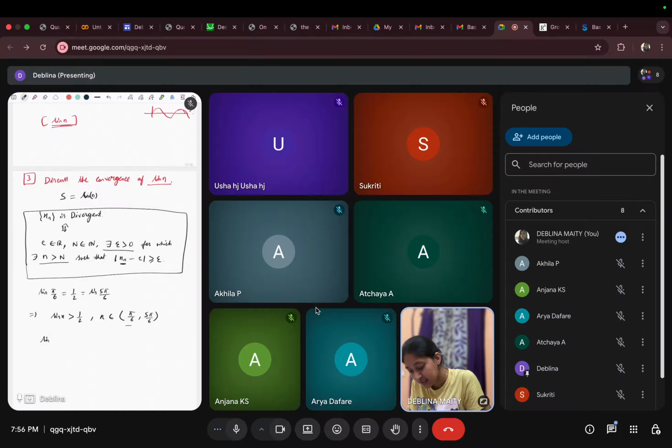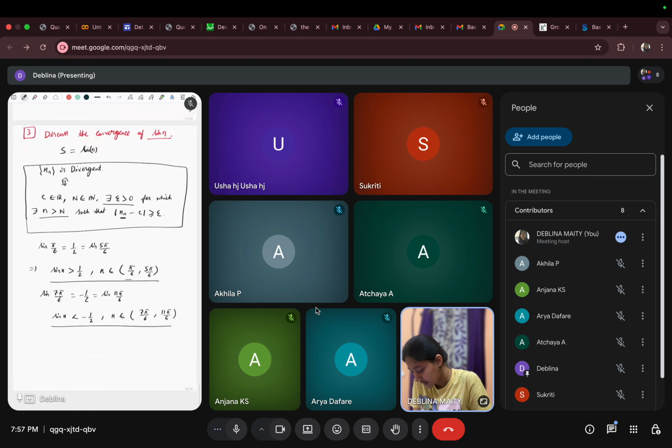Similarly, since sin 7 pi by 6 is minus half, and so is sin 11 pi by 6, sin x is less than minus half when x belongs to the range 7 pi by 6 to 11 pi by 6.